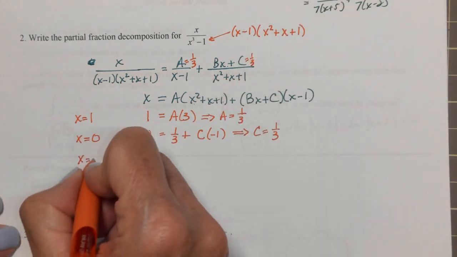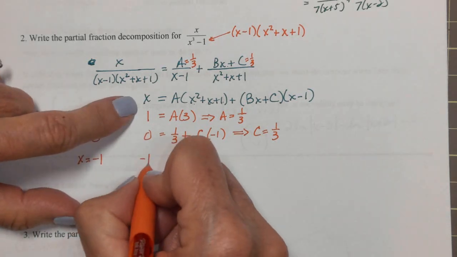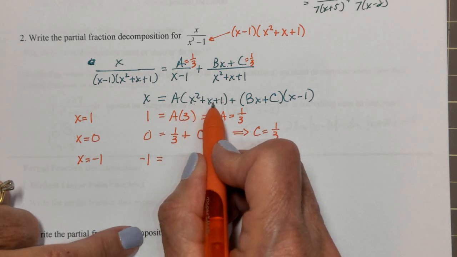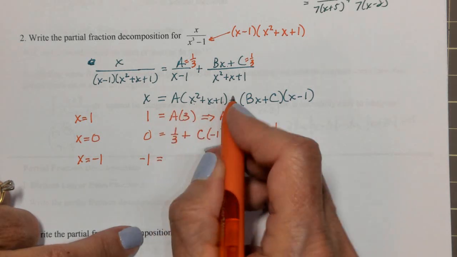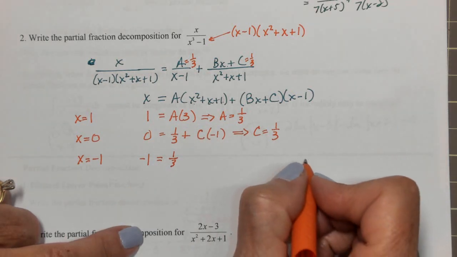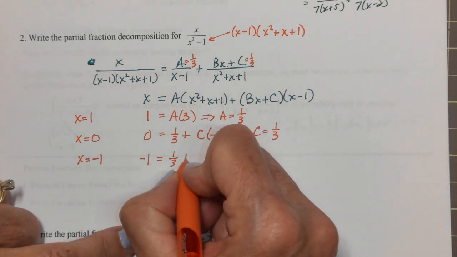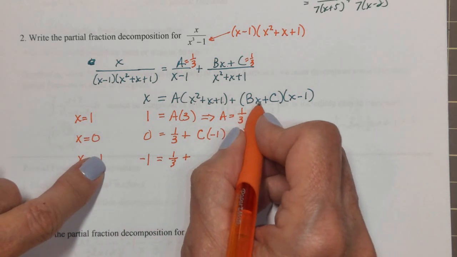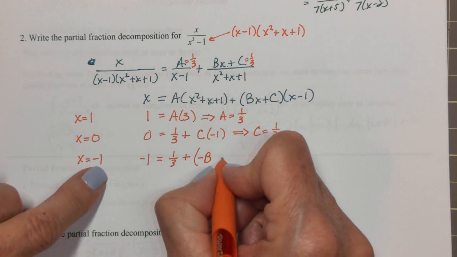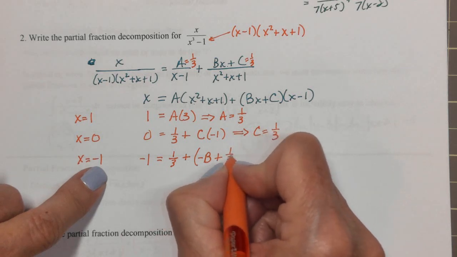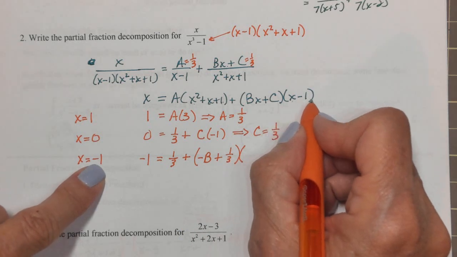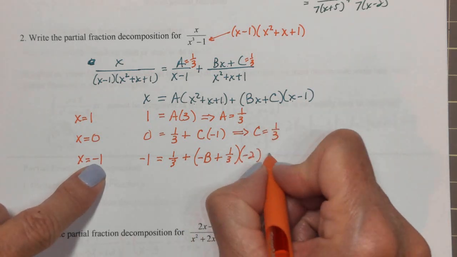Let's let x be a negative 1. We'll have a negative 1 is equal to, all right, 1 minus 1 plus 1. It's still just A, so 1/3, I mean. Plus B times a negative 1 is negative B, plus C, and I know C is a third, times negative 1 minus 1 is a negative 2.